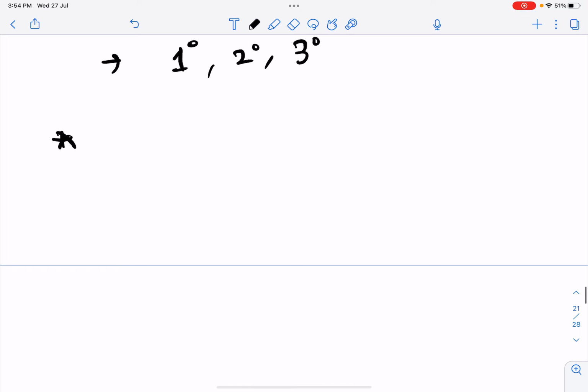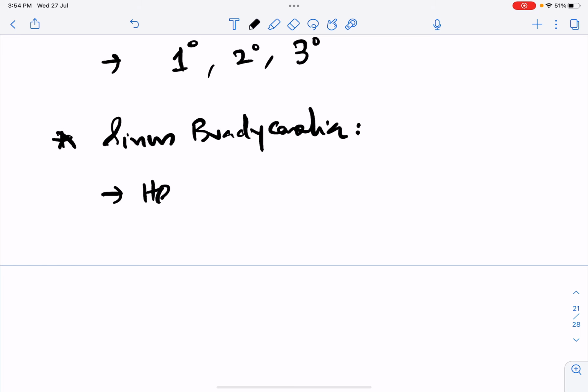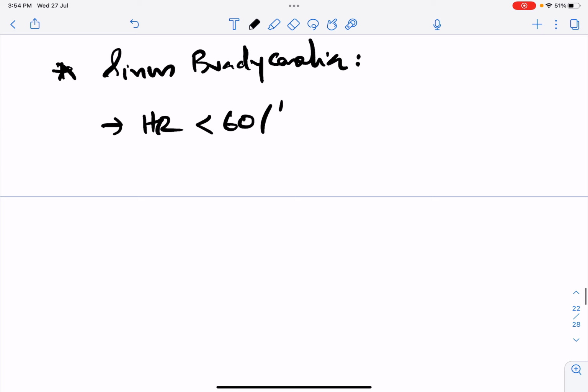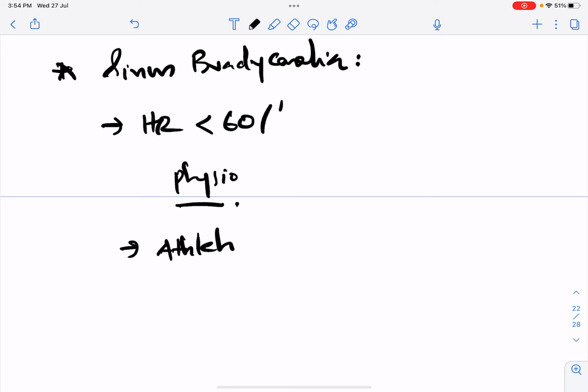So first, sinus bradycardia. Heart rate will be less than 60 beats per minute. Again, it is seen in physiological conditions and in pathological conditions. The physiological conditions associated with sinus bradycardia are seen in athletes, elderly patients, or during sleep.